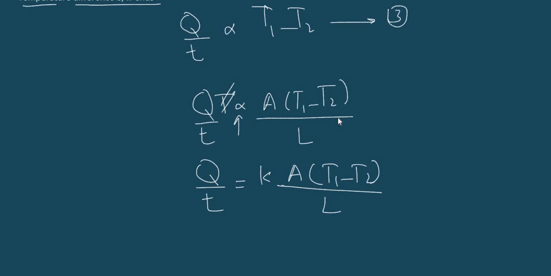Its value depends on the nature of the substance and is different for different materials. If you want to find the value of K, we can easily find it: K is equal to Q over t multiplied by L over A into T1 minus T2.